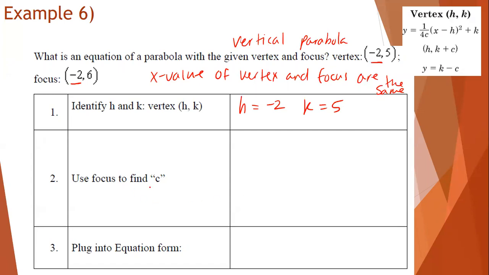Next, we're going to use our focus to find our c value. The reason is that the focus is h, comma, k plus c, and we know that our focus is negative 2, comma 6.